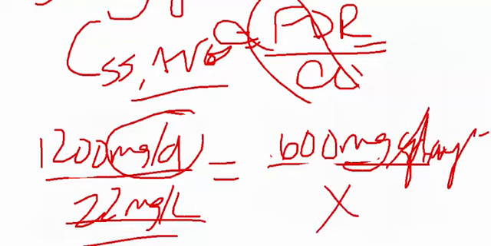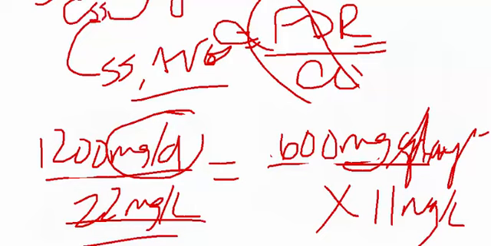And then we solve for our CSS average, don't we? So 600 times 22 divided by 1200. So X is 11 milligrams per liter, just what we got before. So at 300 milligrams, we're going to get a CSS of about 11 milligrams per liter.